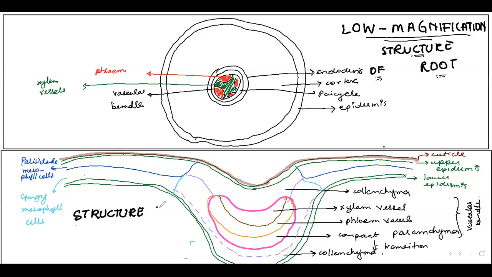Now, let me go ahead and show you guys a light microscope picture of this as well. If you see this under the microscope, what would it look like? Let me show you that.